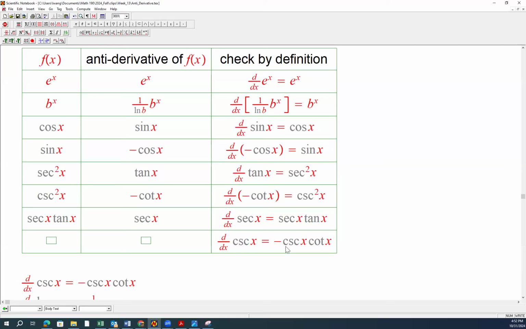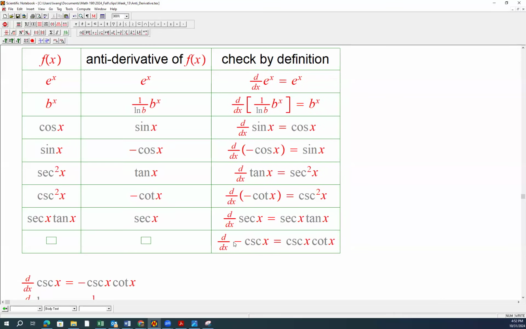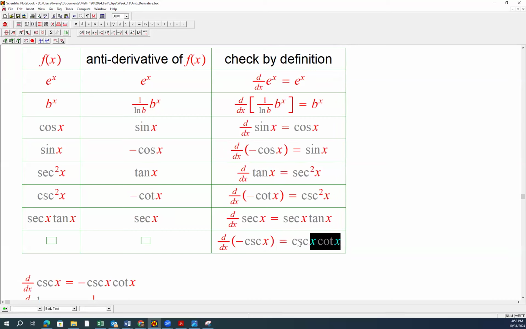So here, we're going to bring the negative sign to the other side. So that would be the formula: the antiderivative of cosecant x times cotangent x is negative cosecant x.